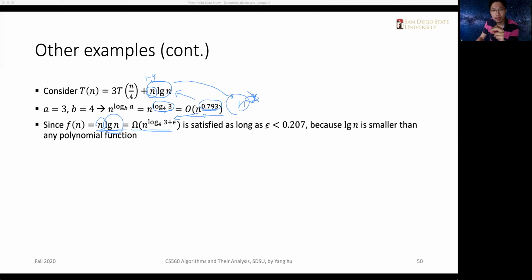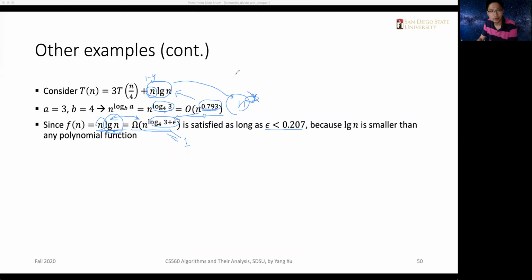Because when epsilon equals, say, 0.220, then this value becomes 1, right? And if the exponential term becomes 1, then this inequality is never satisfied, because we know that a logarithm function is never polynomially faster than a polynomial function.